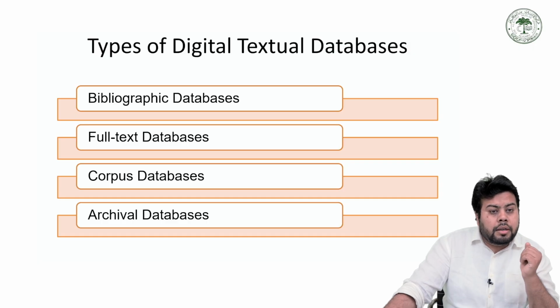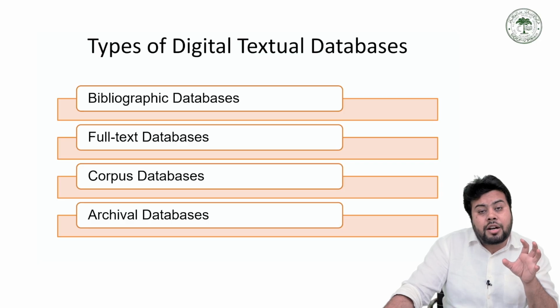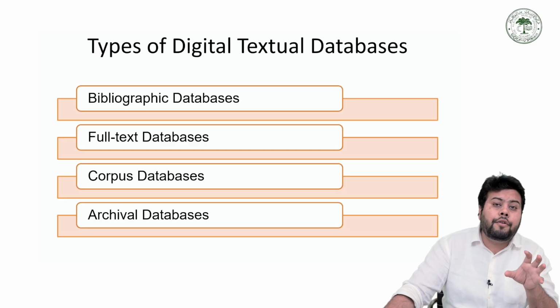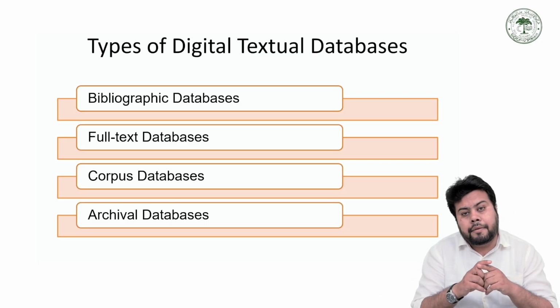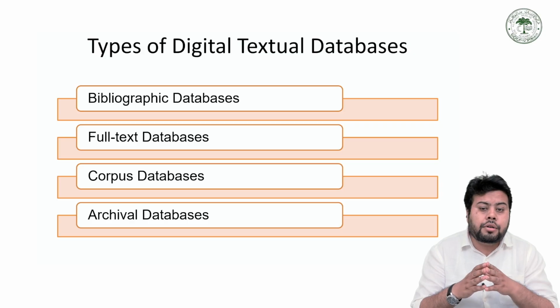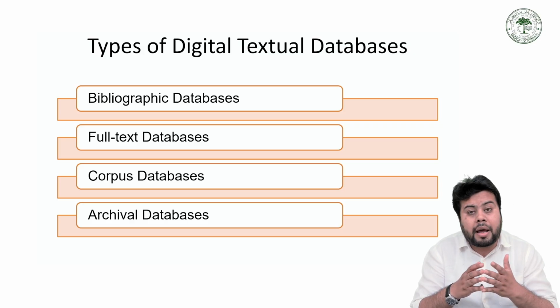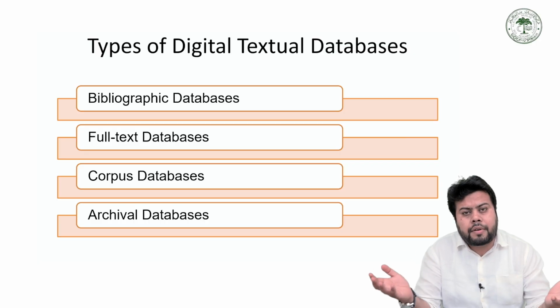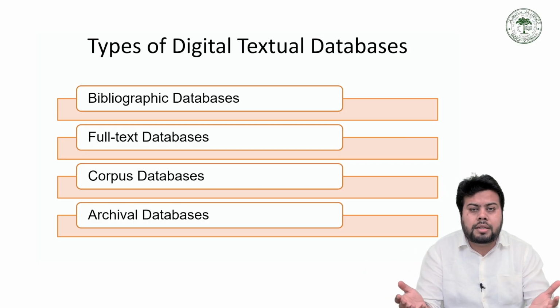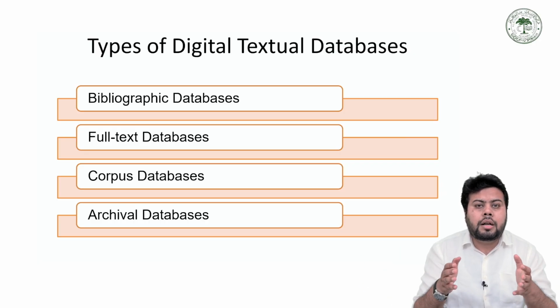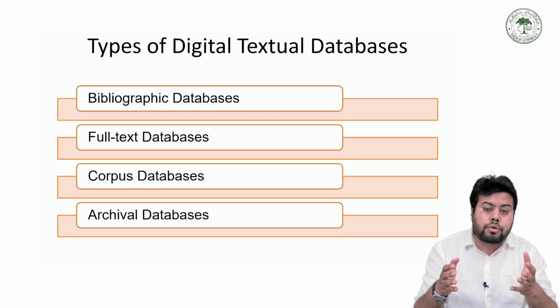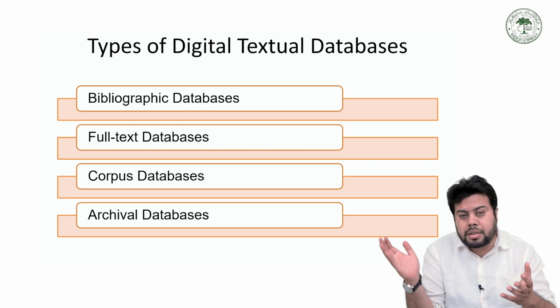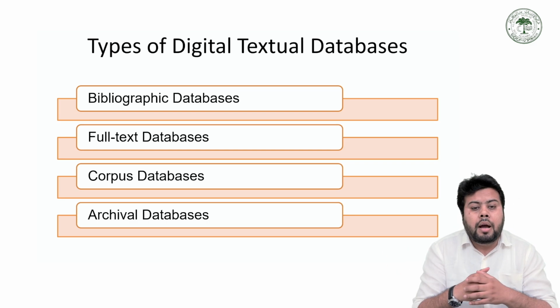Now, another one is the corpus database. Corpus databases are large collections of text used mainly for linguistic study. For example, the British National Corpus and the Corpus of Contemporary American English. Of course, there are a lot of examples and I cannot cover all of them right now, but these are two of the major ones.